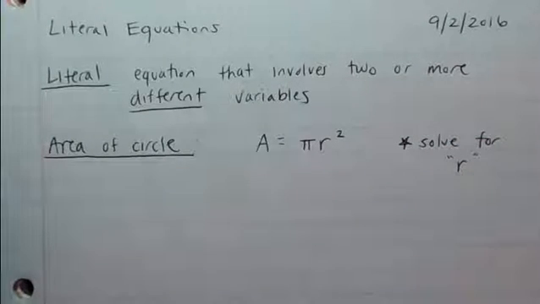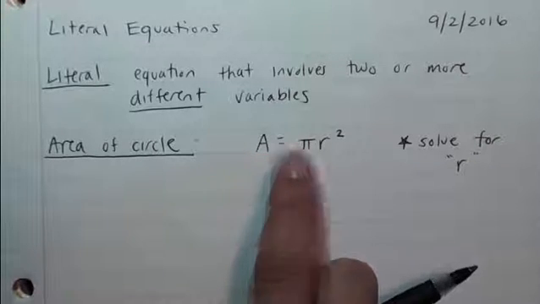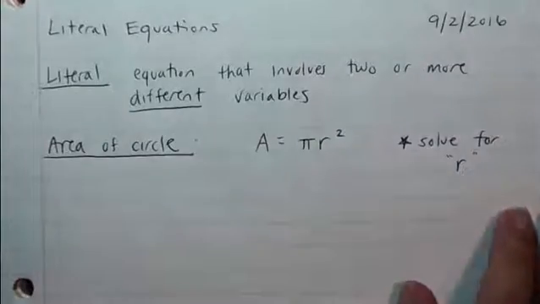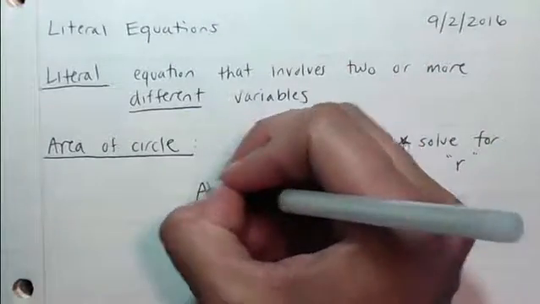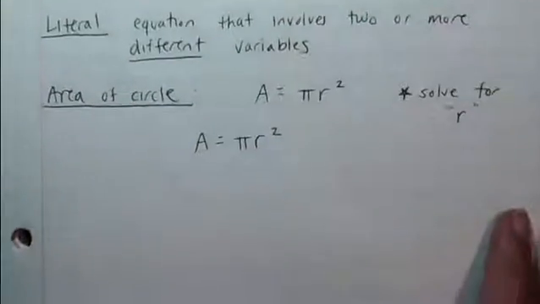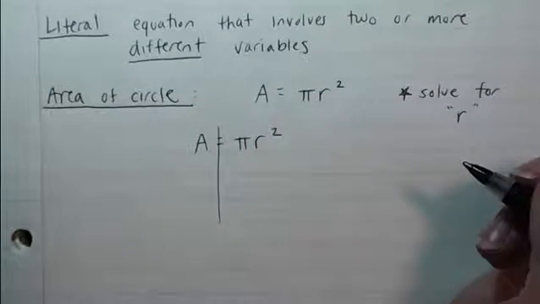Solve for the variable r. Well, we have also the variable A here, but we want to get r by itself on one side. That's what we're doing. So we're still going to follow all of our steps. Let's rewrite the formula. A is equal to pi r squared, and I want to get r by itself.